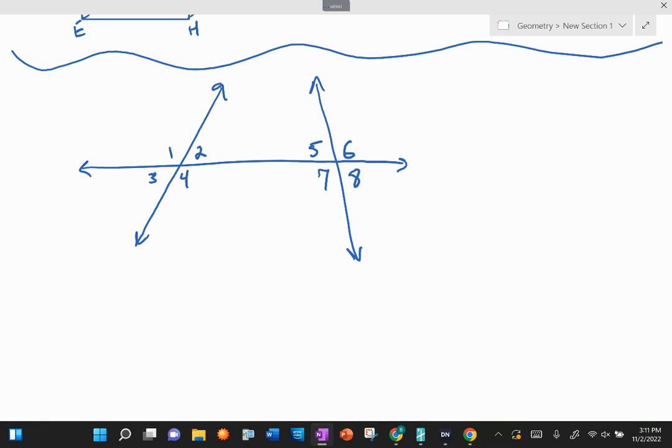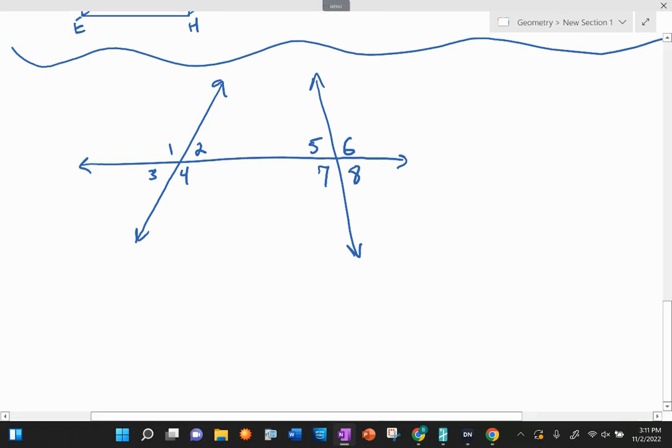These are angles formed by a transversal. I'll just type it up here. Is this 3D? This is 2D. Yeah, one plane.